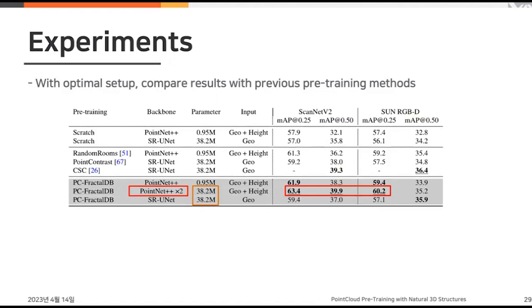So what they did was to stack a bunch of PointNet++ models and let the number of parameters match that of SR-UNet, and they didn't mention how exactly they stacked them. Anyways, it turned out they got the highest result not only with threshold 0.5, but also with 0.25 with this stacked model.